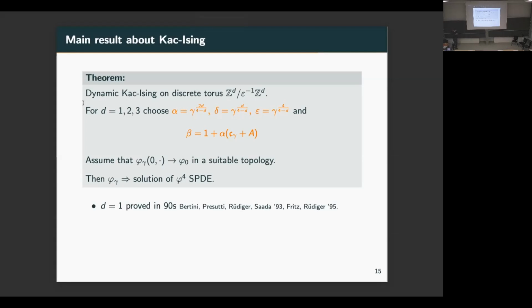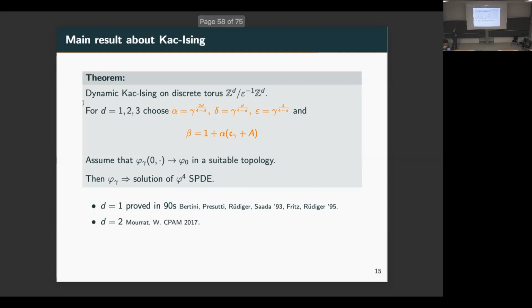And I should just say, the one-dimensional case is by now classical. It is actually even older than the survey paper that I had discussed at the beginning. It was done in the 90s, also by the group around Presutti. In the 90s they could do this calculation, and it worked in arbitrary dimension, but they were stuck with the limiting theory.